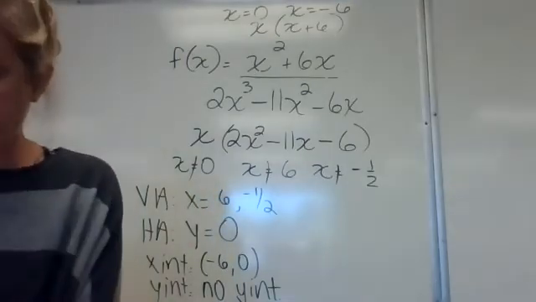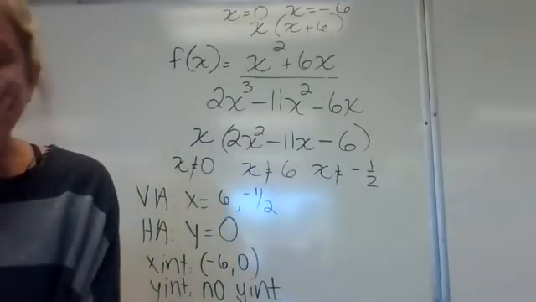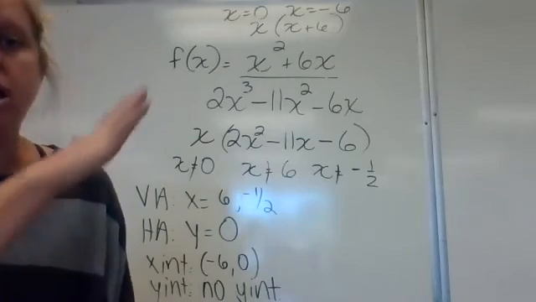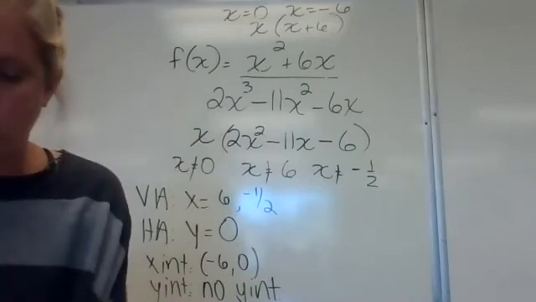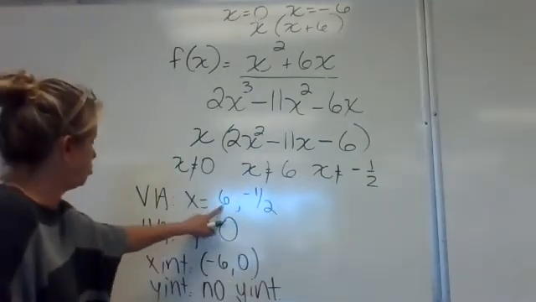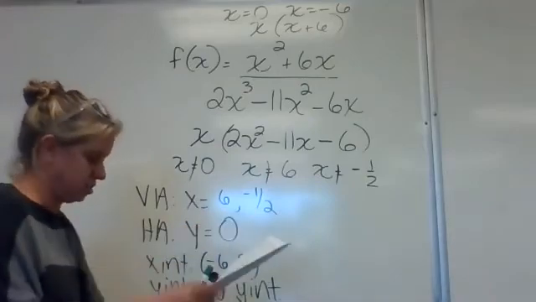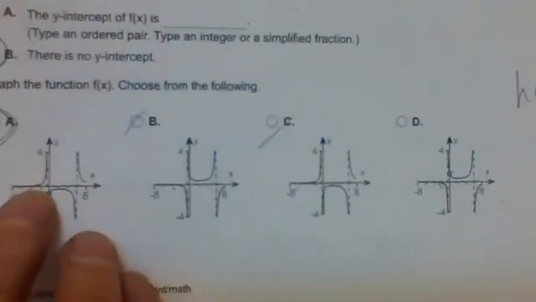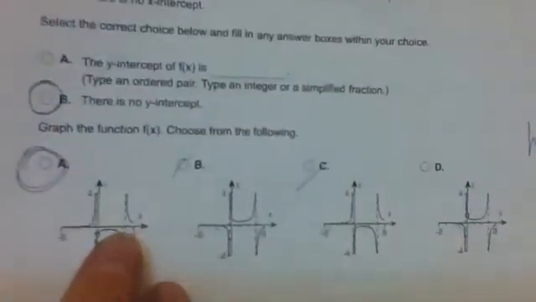Now, on this one, it's hard to tell, even from all this information, which one it is, because remember, our go-to is to go to vertical asymptotes first and look at every single one of them. They all have vertical asymptotes at 6 and -1/2.